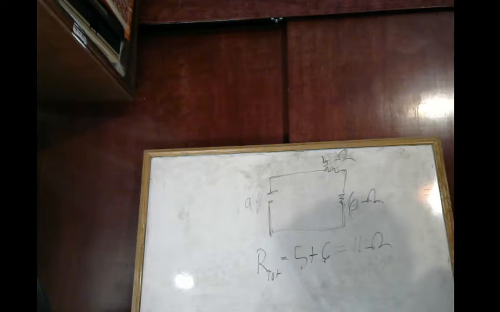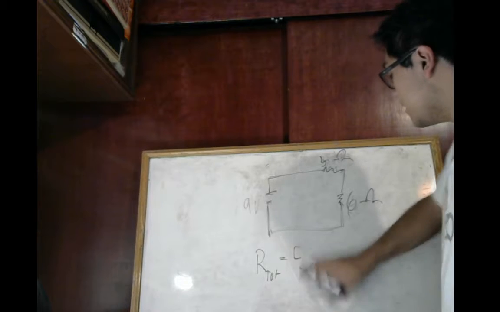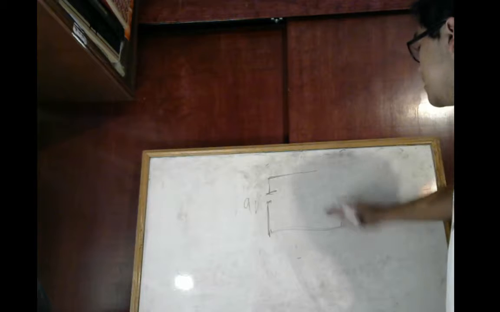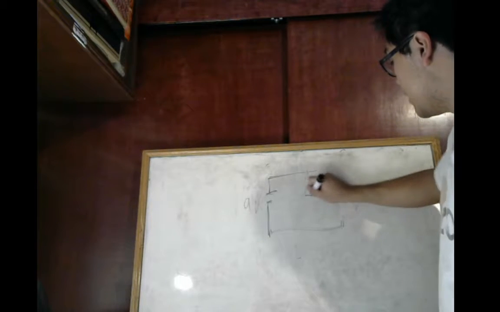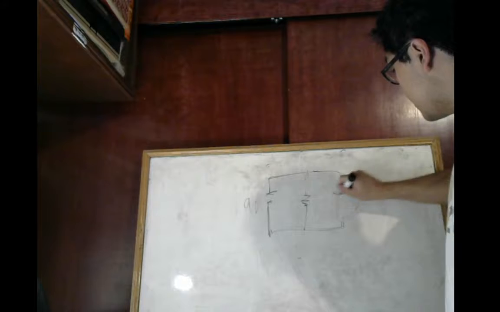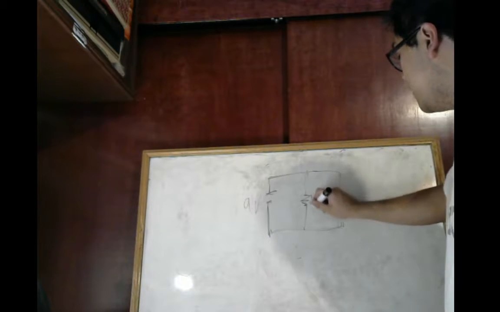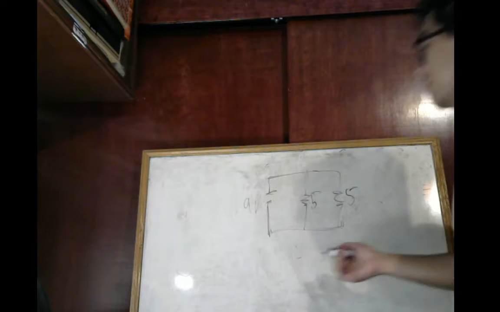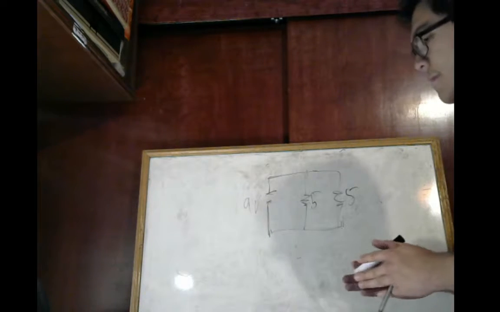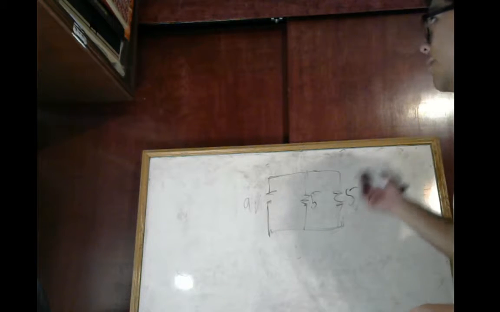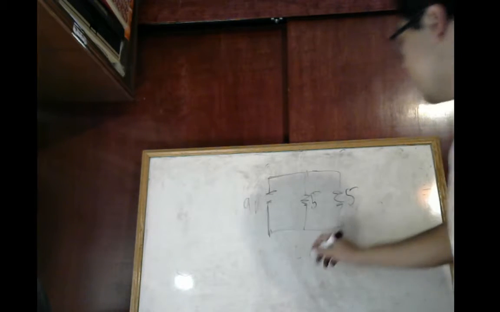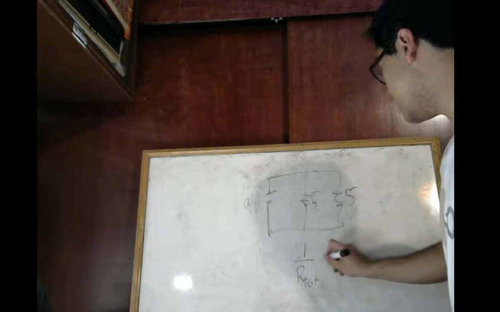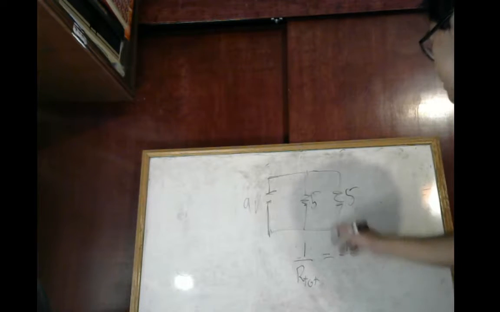Perfectly. Now, let's imagine that you want to calculate the total resistance of a system, but it's not in series, it's in parallel, right? So let's imagine we have something like this. It is again 5, and another 5 to make the numbers easy, right? Now, it's just like calculating the capacitance when it's in series. You have 1 over R total equals 1 over R1 plus 1 over R2, and so on.